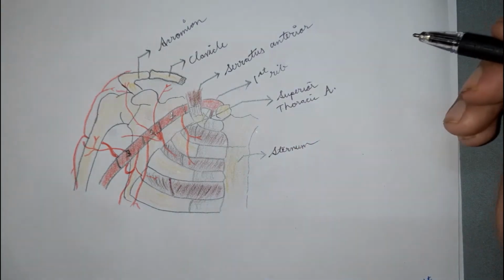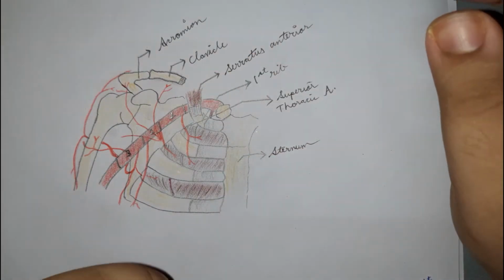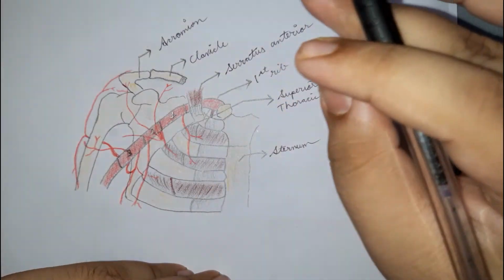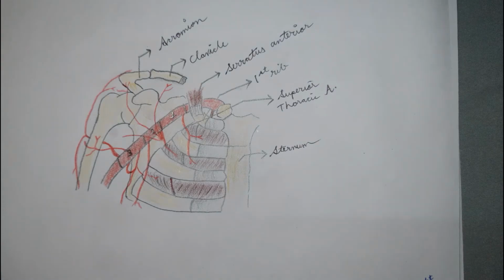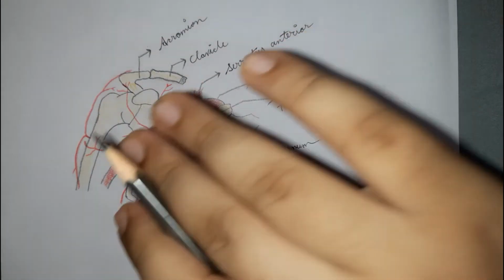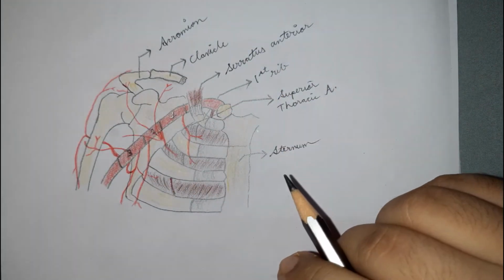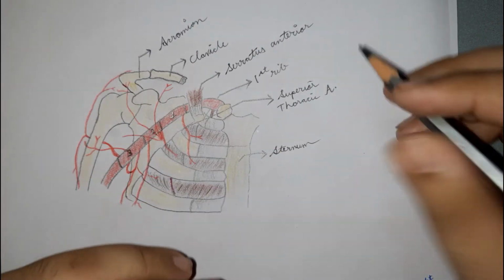So as you can see, you are more than equipped to just know the name of the branches. But just for the sake of a little bit more knowledge, we can give a little description about all these arteries. But for the most part, if you're not okay with it, just know the name of the branches. Anyways, a little description about the superior thoracic artery.